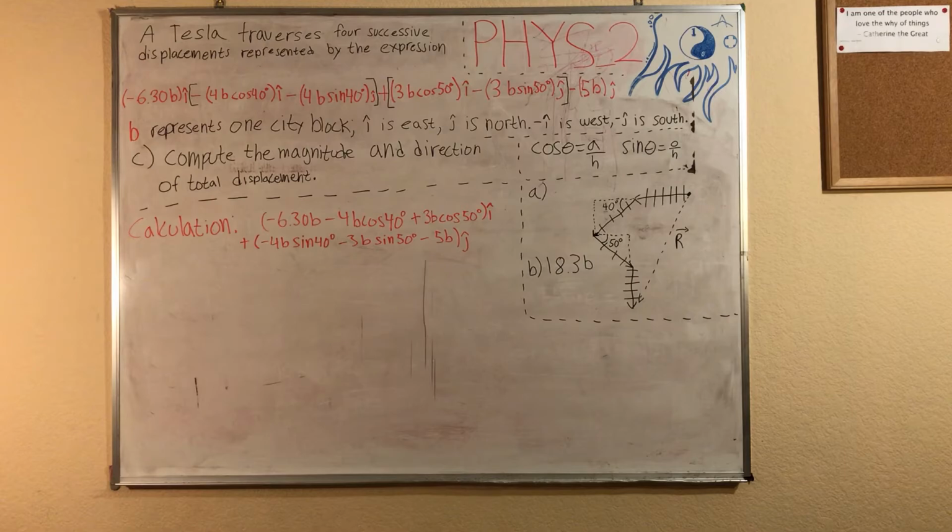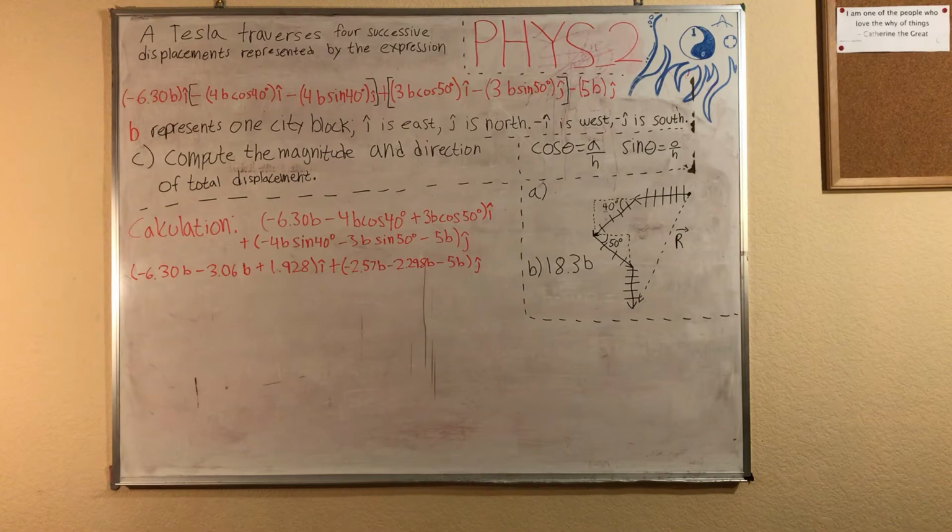Now multiplying out the angles, we get negative 6.3b minus 3.06b plus 1.928b i hat, plus negative 2.57b minus 2.298b minus 5b j hat.